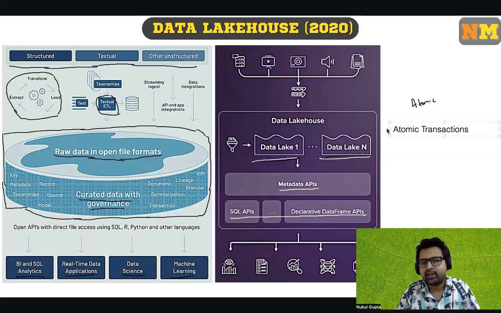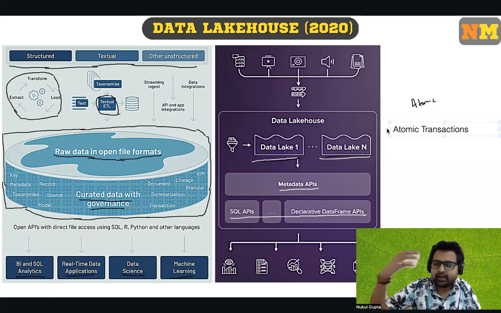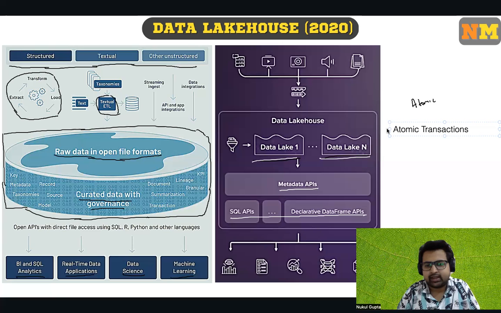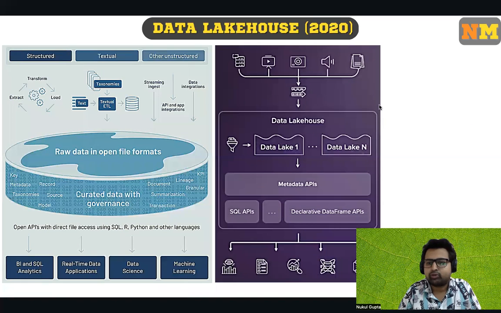That's why the data lakehouse is the choice which companies are preferring over the data lake. The data lakehouse is the advanced version of the data lake, and a data lakehouse is a collection of data lakes. So now we have a good understanding of the data lakehouse also. Now let's move forward.